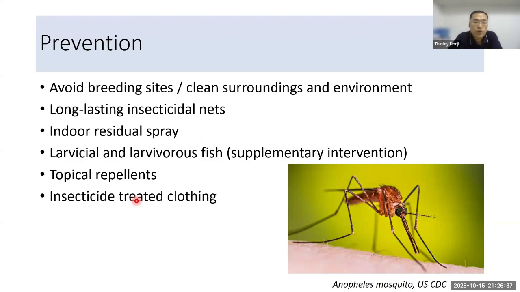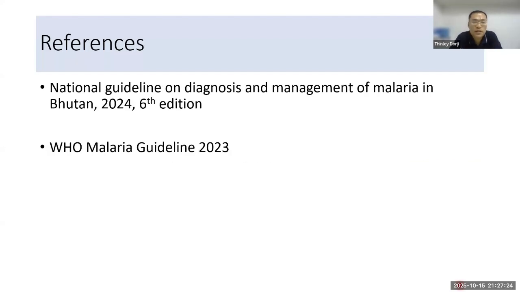The program conducts indoor residual spraying with insecticide. And for an individual, topical repellents are recommended. Overall, the culprit is the Anopheles mosquito, and we either have to avoid it, prevent it from breeding, or prevent ourselves from getting bitten. Thank you very much for your kind attention.